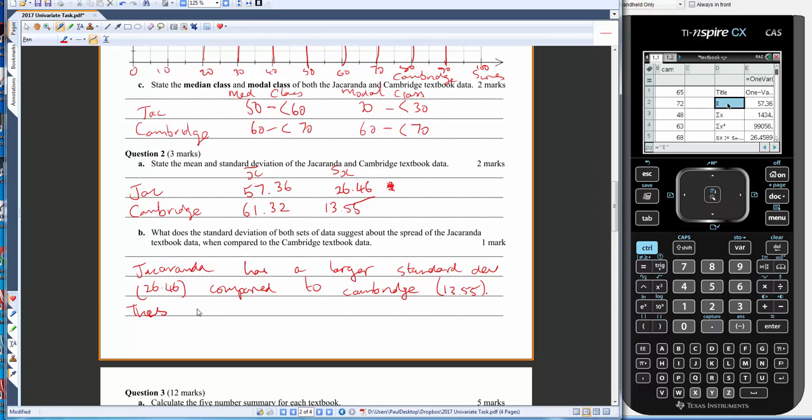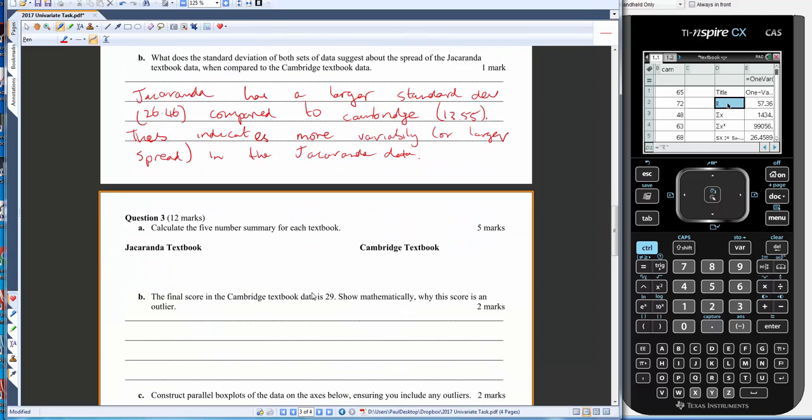This indicates more variability or larger spread in the Jacaranda data. Alright, so anything that sort of said something similar to that was fine.